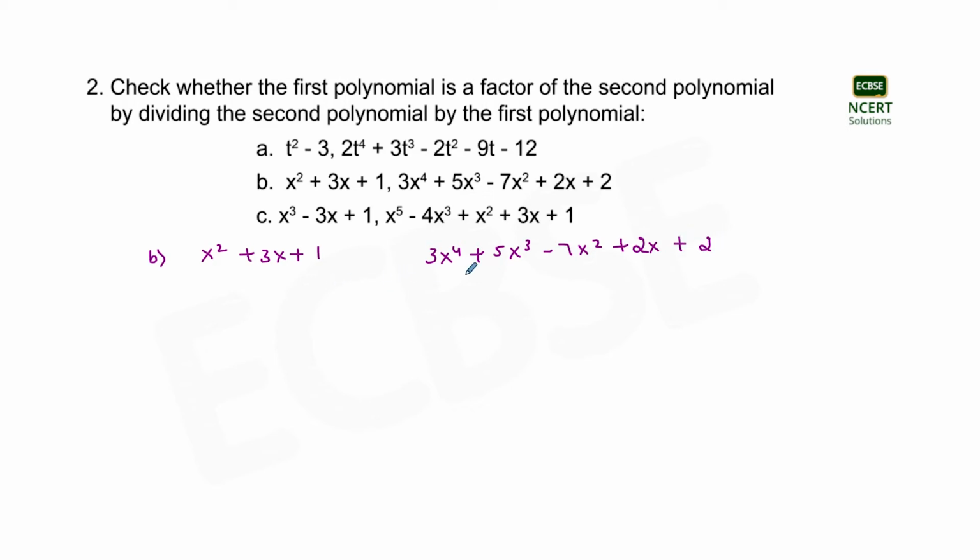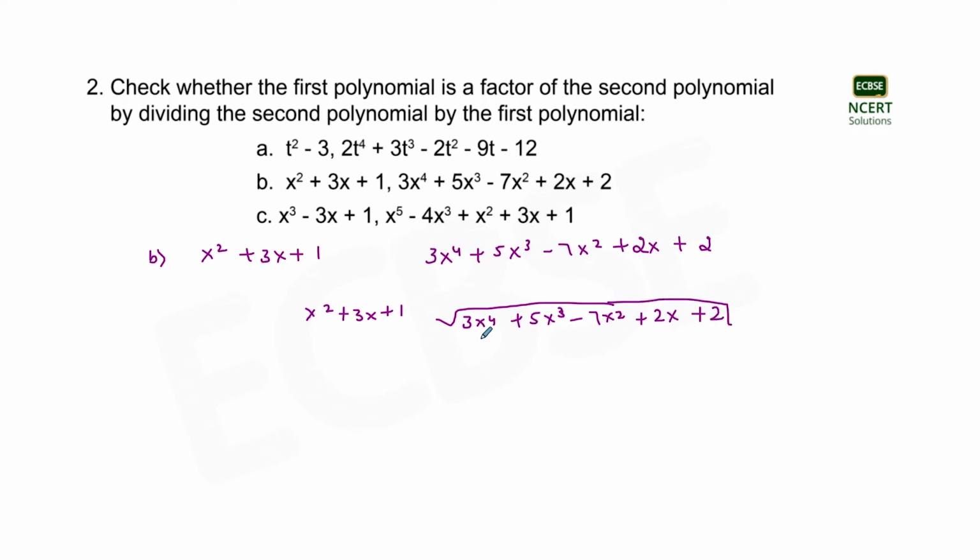Now again dividing the second polynomial with the first polynomial by using the long division method, that is here x square plus 3x plus 1, and the dividend is 3x raised to power 4 plus 5x raised to power 3 minus 7x square plus 2x plus 2.